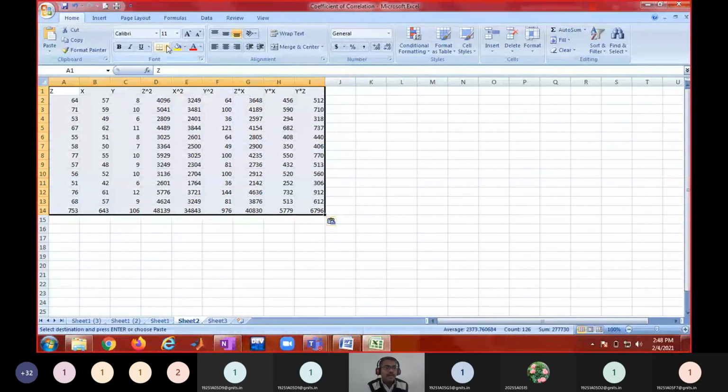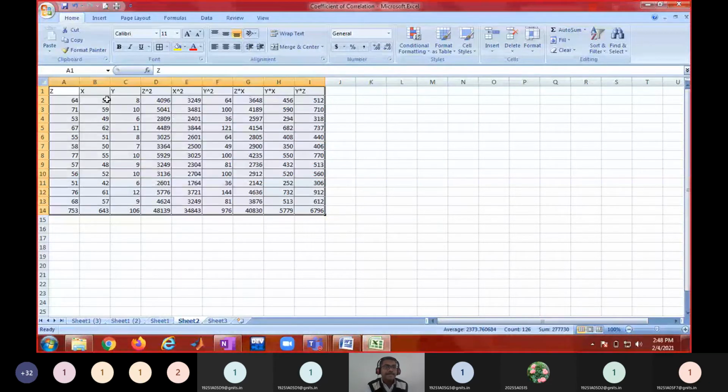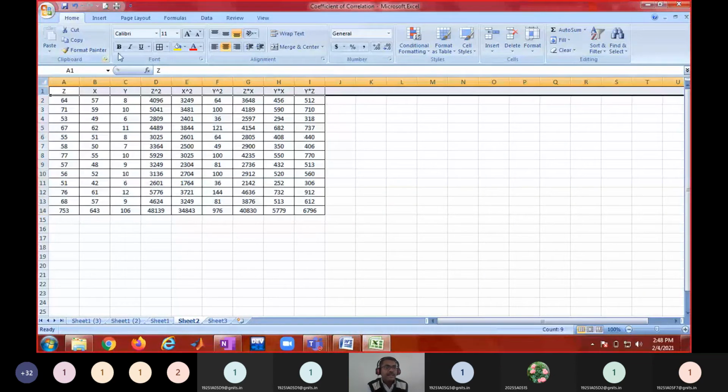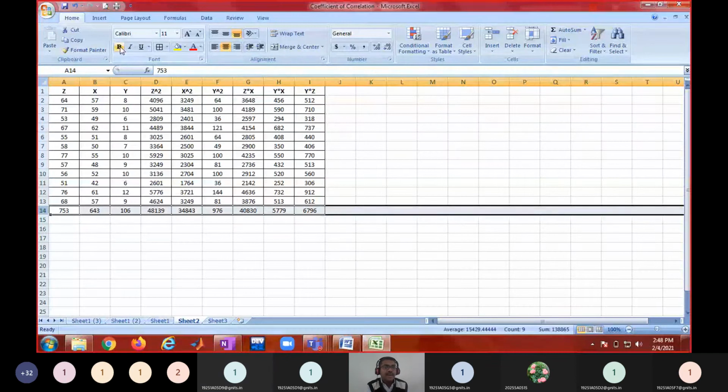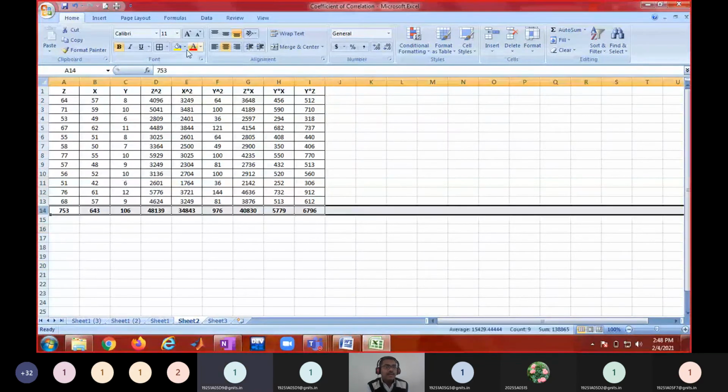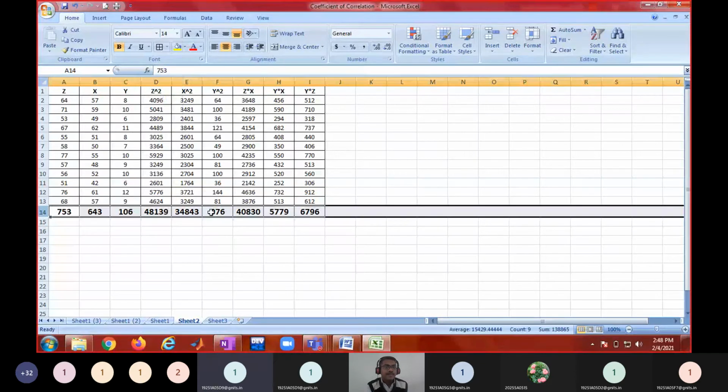So first you have to prepare a table like this, using your calculator. Then write down the formula for the correlation coefficient and substitute these sums in the corresponding formula, and then find out the values. Okay.